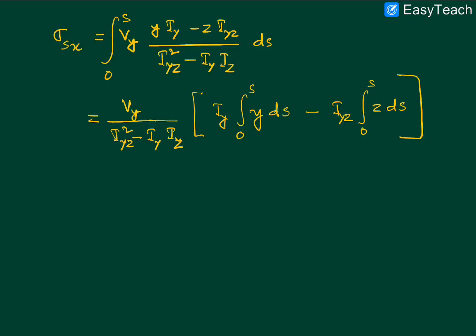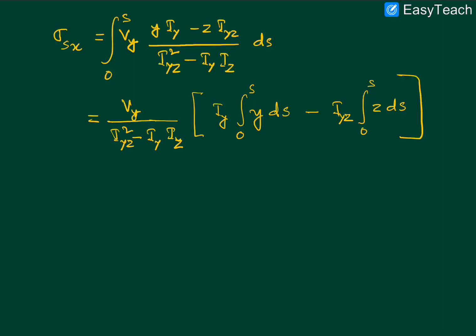So what have we gained by doing this? Well, written like this, it is not of much use to us. But if we do a little trick of multiplying these integrations by the thickness, then we can get something really useful.